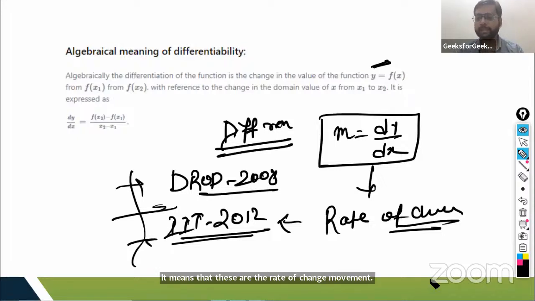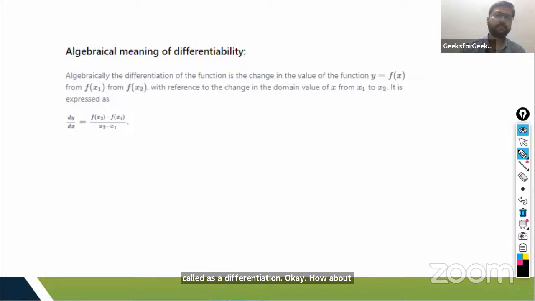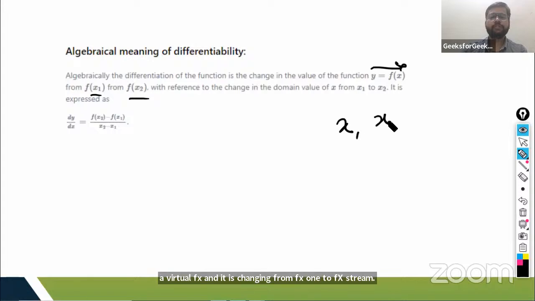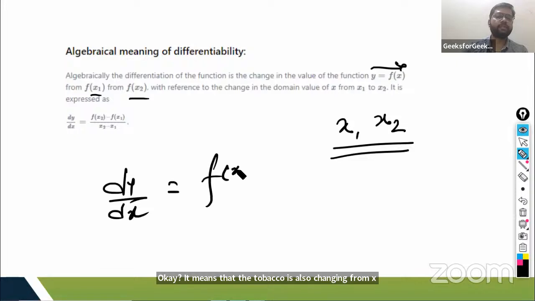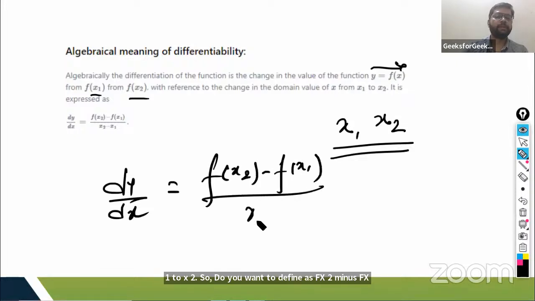Now pay attention. Suppose a function is given as y = f(x), and it is changing from f(x1) to f(x2). It means the domain is also changing from x1 to x2. So dy by dx is defined as (f(x2) - f(x1)) upon (x2 - x1).